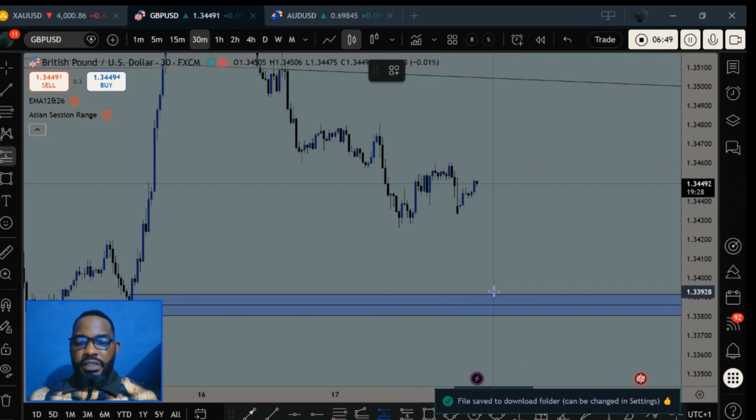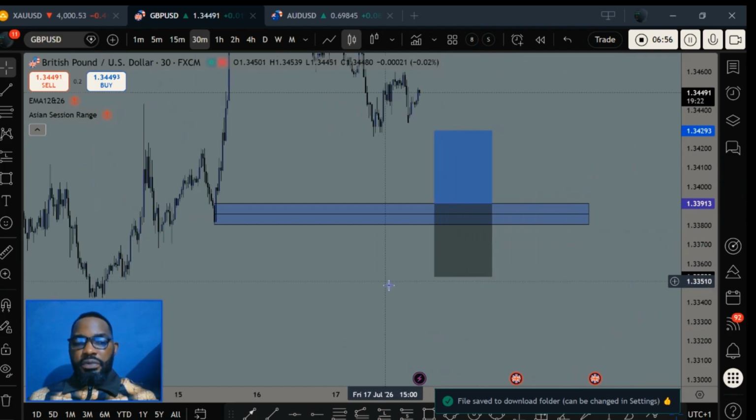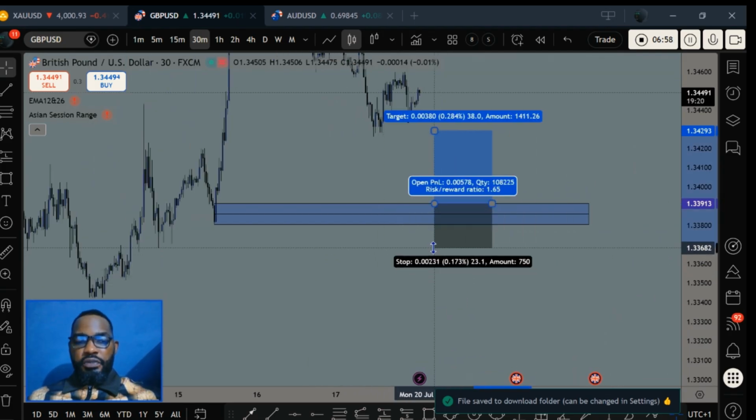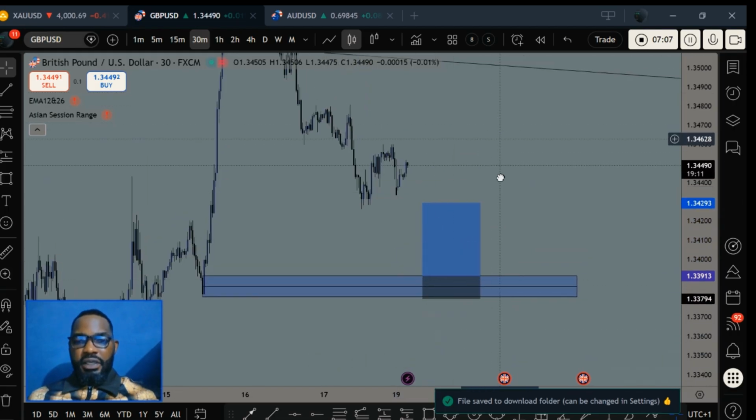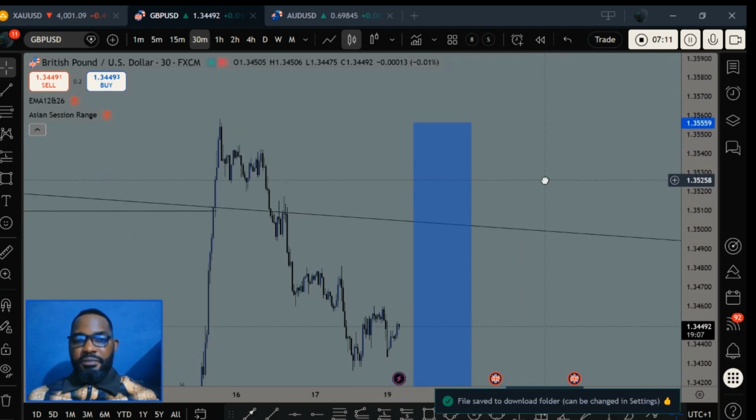Whether you are risk averse or favor risk, you can set your buy limit order with your stop loss below the previous lows. Then we take profit right here at the previous high.